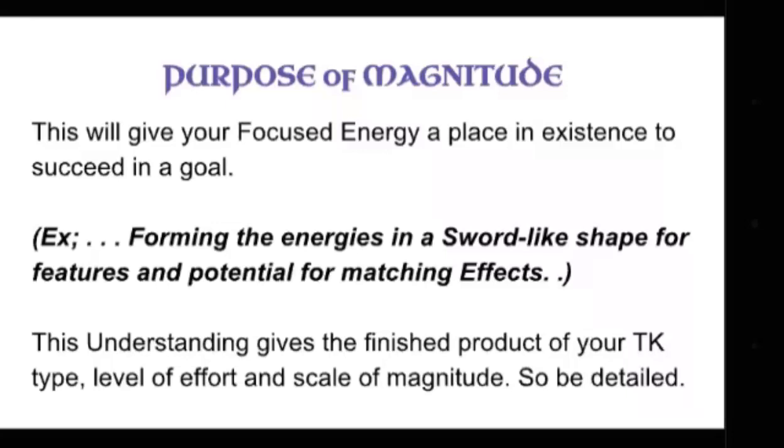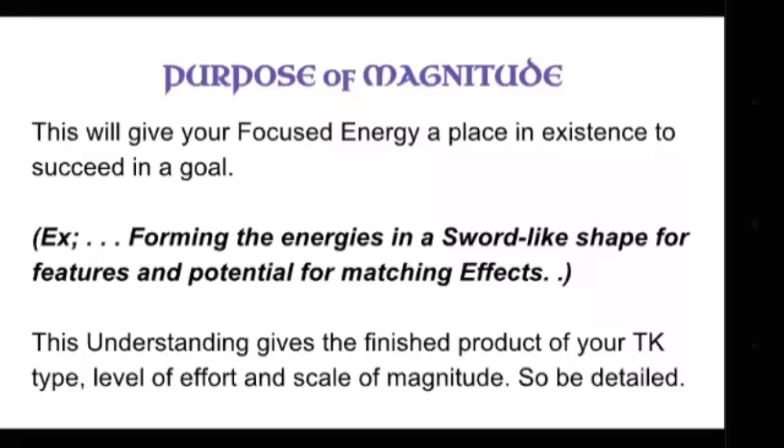For example, forming the energies in a sword-like shape for features and potential for matching effort. So I'm gathering the energies in a sword-like way to have a sword-like structure, the cutting power, everything like a sword. This understanding gives the finished product of your TK type, level, effort, and scaling magnitude. So be detailed.